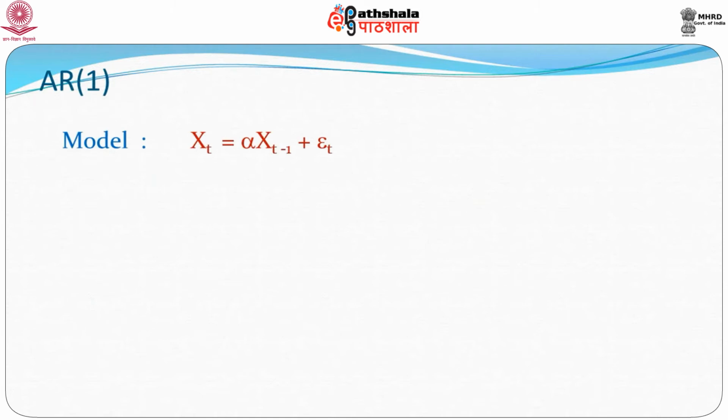Now, let us look at an AR(1) process. In an AR(1) process, we have x_t equal to alpha x_(t minus 1) plus epsilon_t, and we know that rho_h in this case becomes alpha to the power of h, and for stationarity we require that the modulus value of alpha is less than 1.